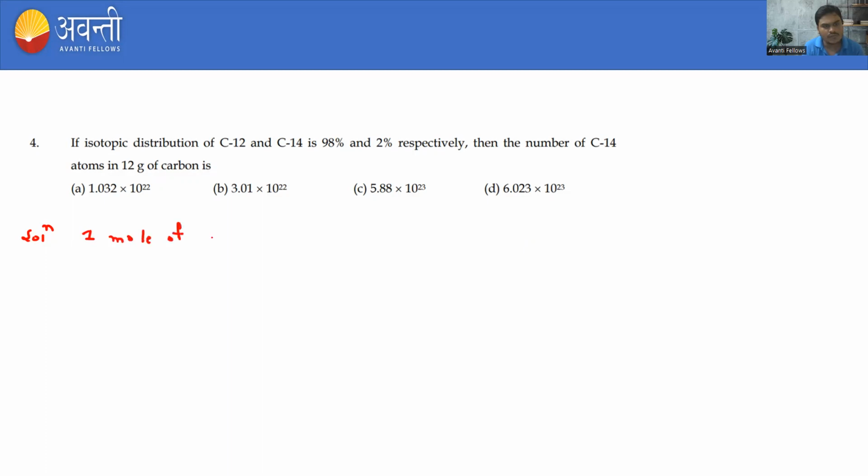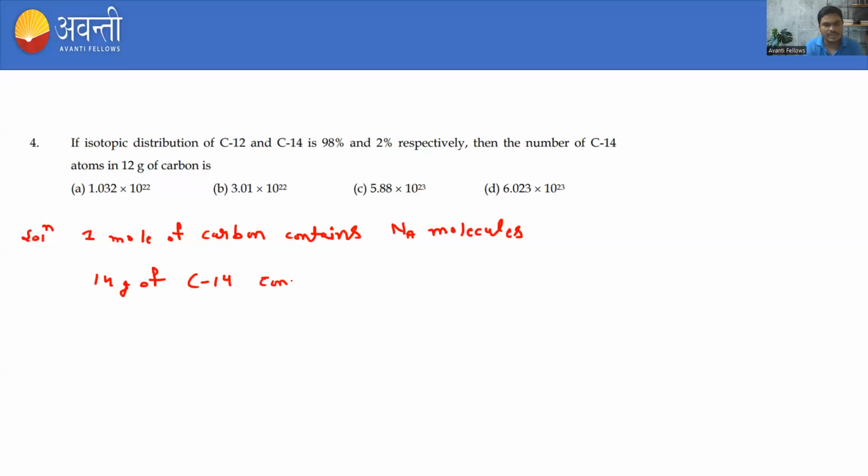1 mole of carbon contains Na molecules. So if 1 mole of carbon contains Na molecules, then obviously 14 gram of C14 contains how much?